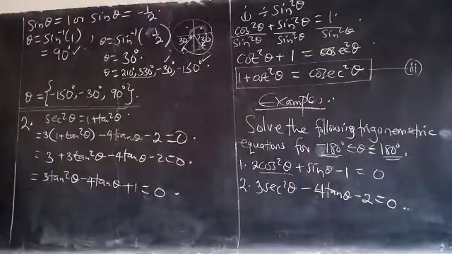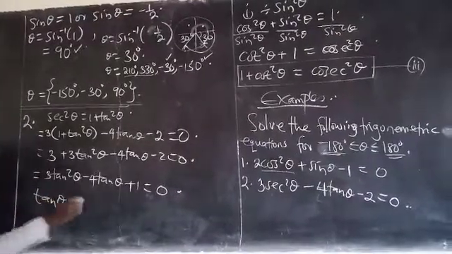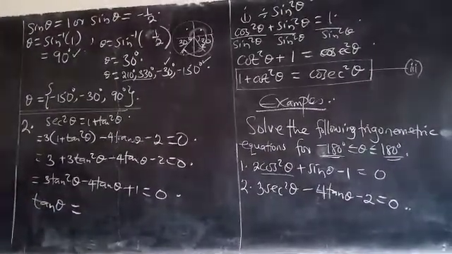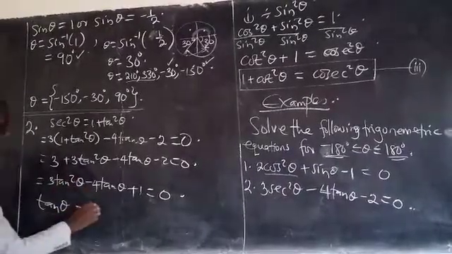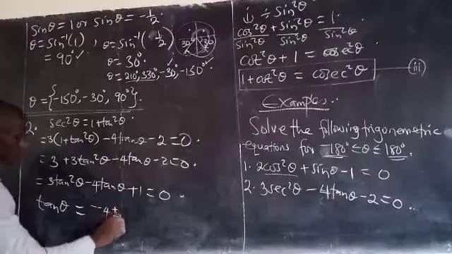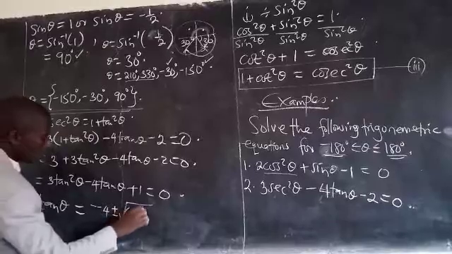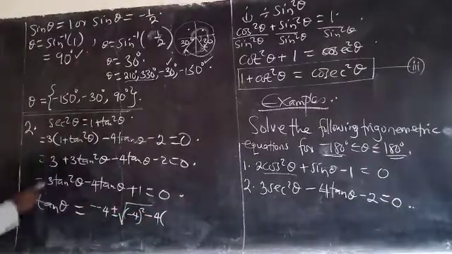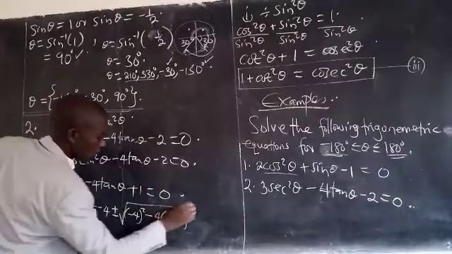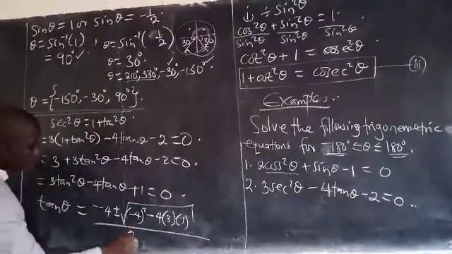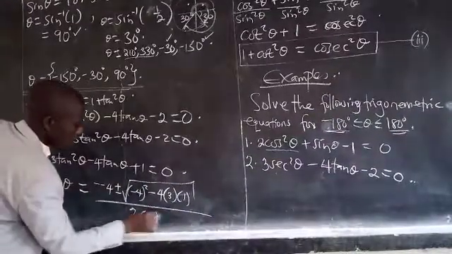So what are the values of tan theta? Our tan theta has two values because it is quadratic, by the way, remember that. It equals minus b, minus of negative 4, plus or minus the square root of b squared minus 4 into a, where a is 3, into c, where c is 1, then the whole of this over 2a, where a is 3.